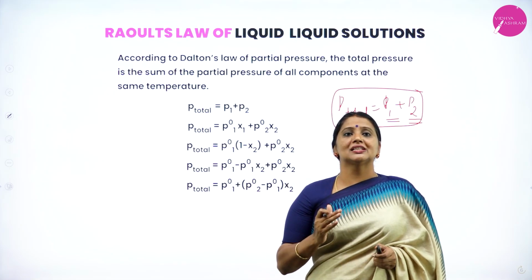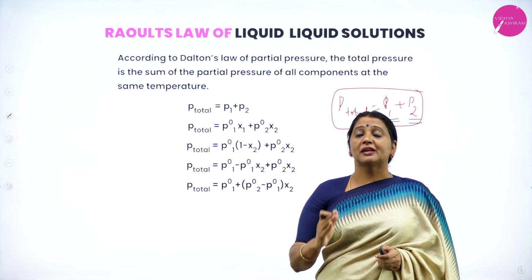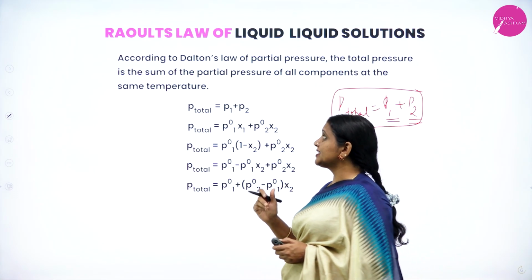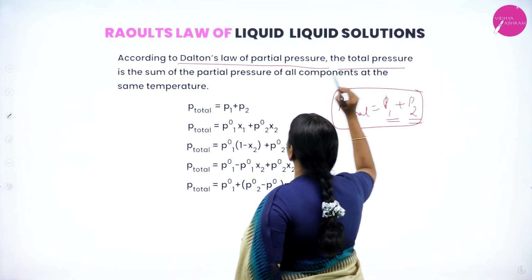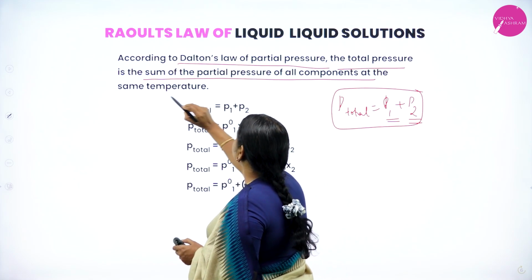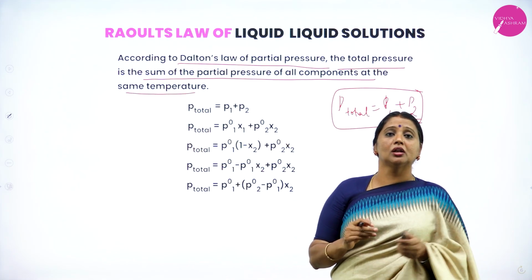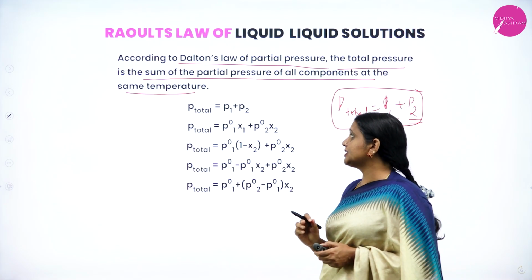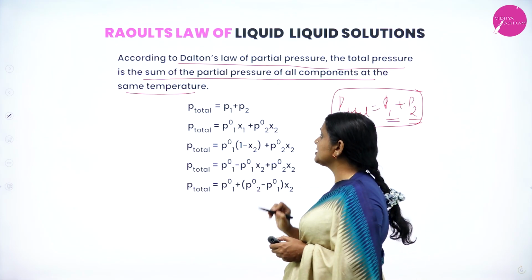Therefore, P total is equal to P1 plus P2, at the same temperature.